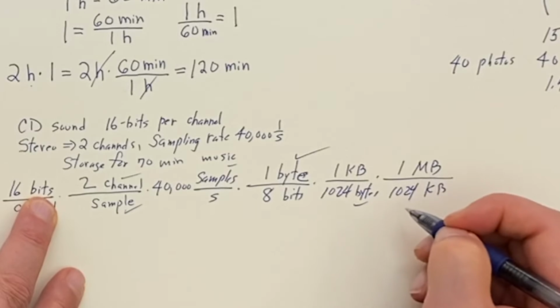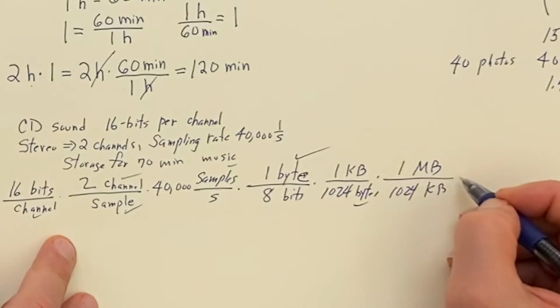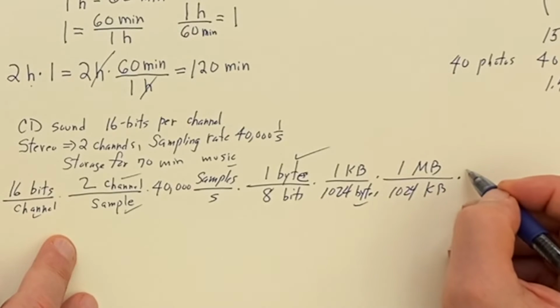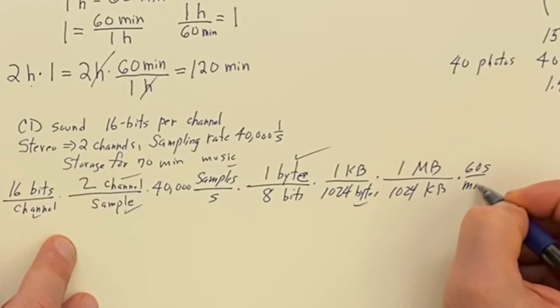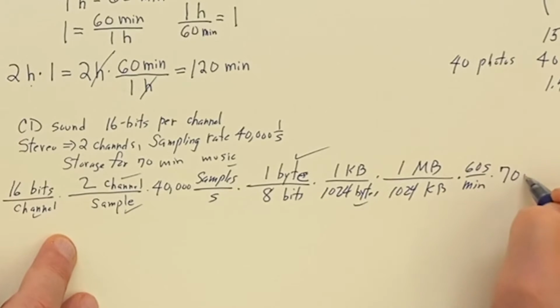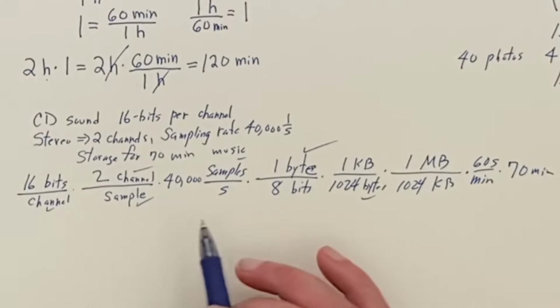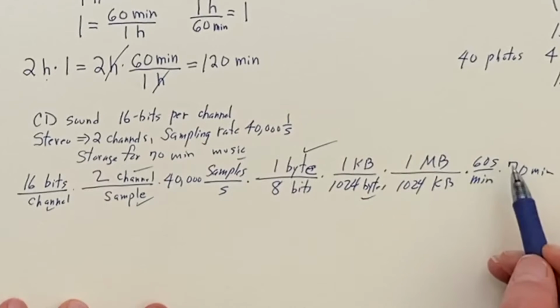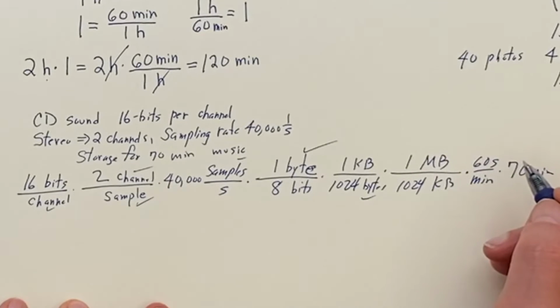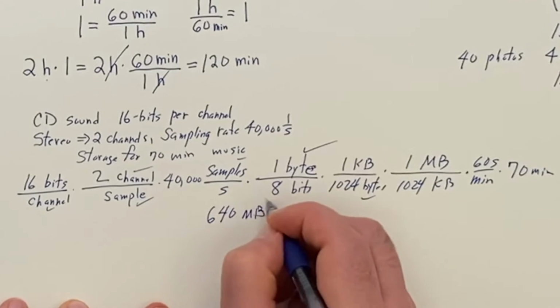Everything canceled. The seconds didn't cancel, but I didn't use my 70 minutes yet. So I put 60 seconds per minute, which transforms this into minutes, and then I multiply by 70 minutes, and I'm all set. It's the cancellation of the units at each stage that is my guide. And you get 640 megabytes, and that's what a CD holds.